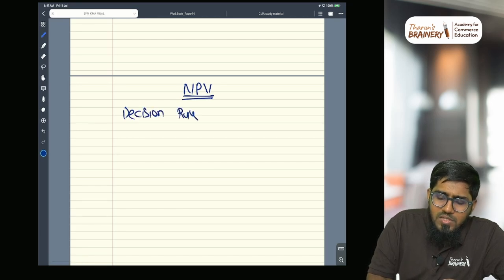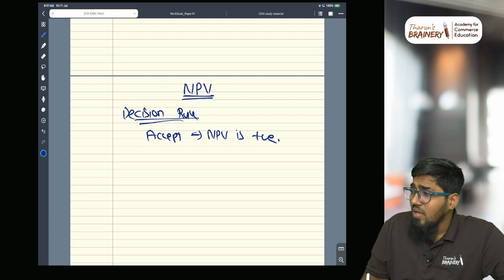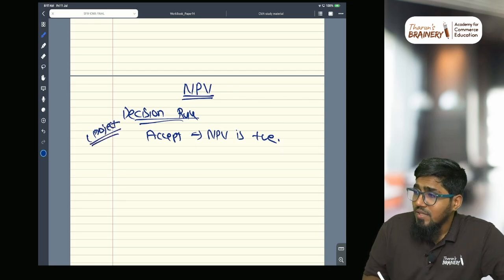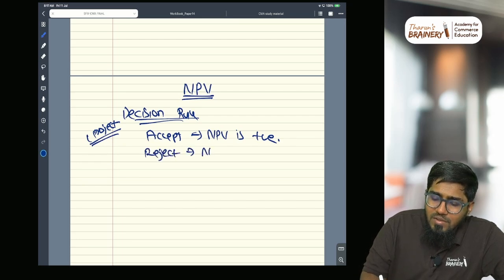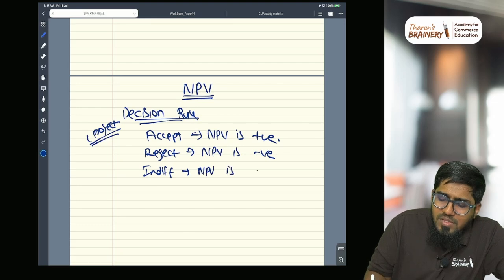The decision rule is accept if NPV is positive. If you're having only one project and someone is asking you to select, then accept if the NPV is positive, reject if the NPV is negative, and indifferent if the NPV is 0.